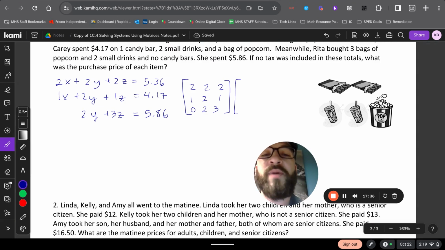That, of course, is multiplied by our variable matrix of X, Y, and Z. And then that's equal to our coefficient matrix of 536, 417, and 586.